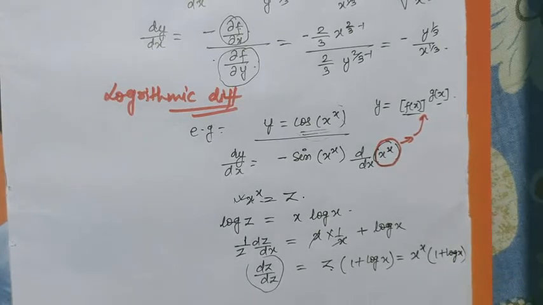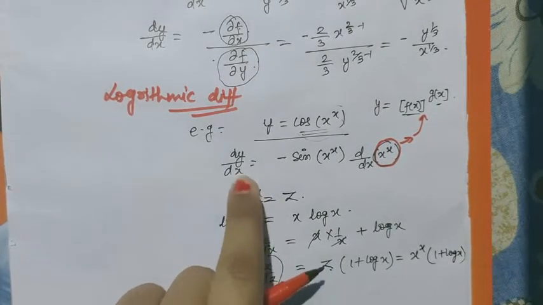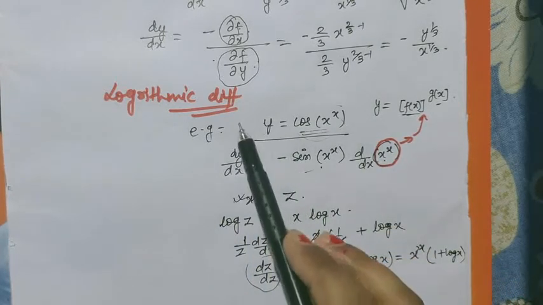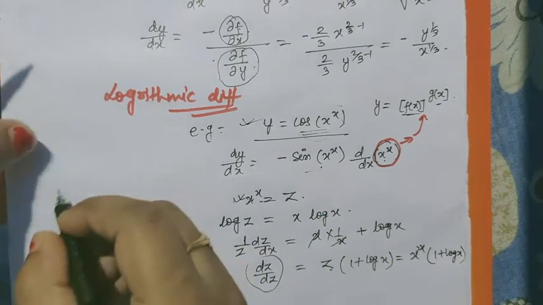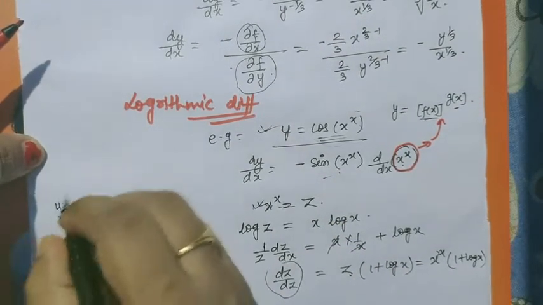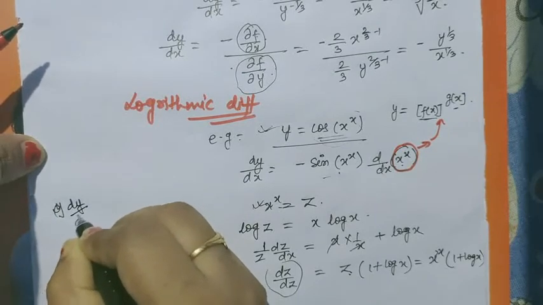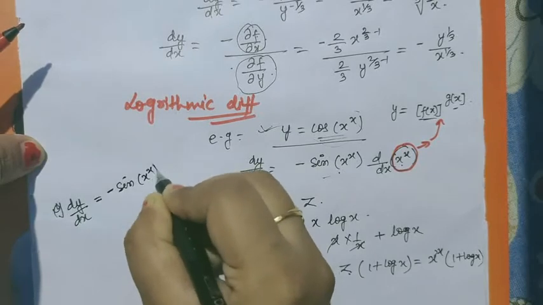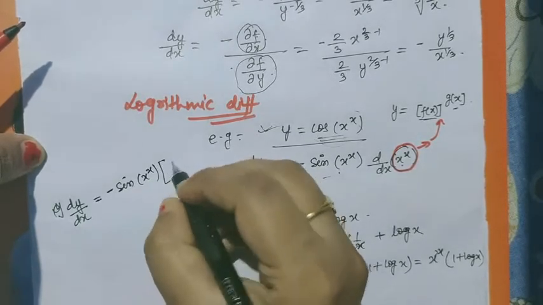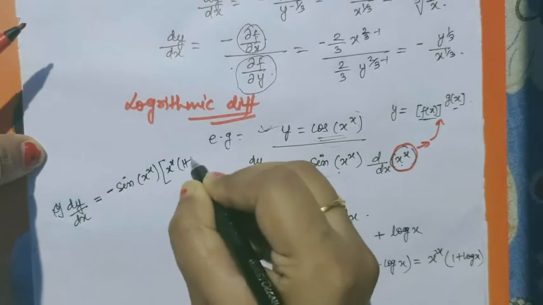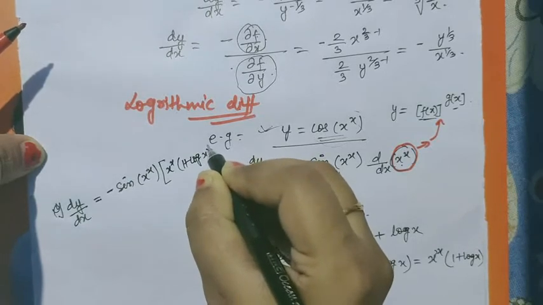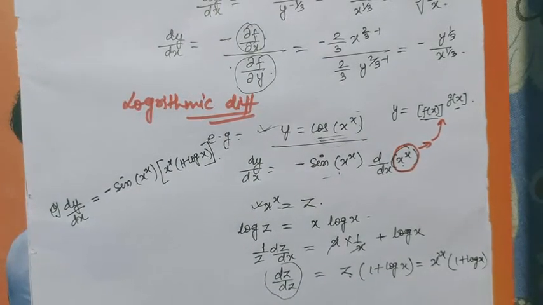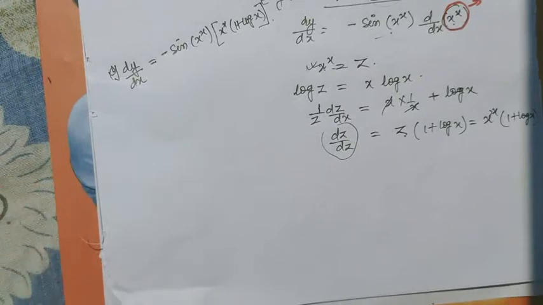This is the differentiation of the function x raised to power x. Now put this value in this equation and you will find the differentiation of the whole function. So overall dy by dx will be minus sin x raised to power x, into x raised to power x, into 1 plus log of x. Okay, let us take one example from Leibniz rule.